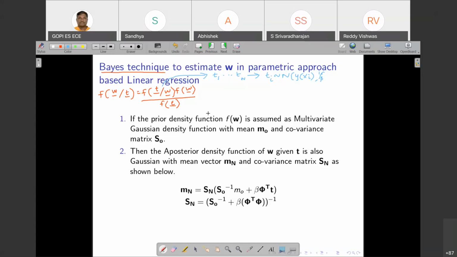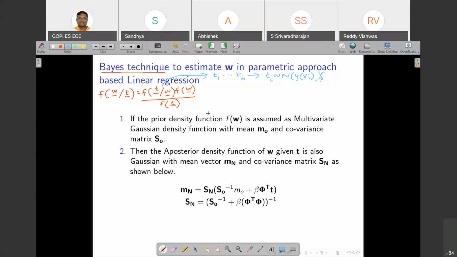If I find this covariance matrix for this T, it is a diagonal matrix, with beta arranged in the diagonal form, and all other elements are going to be 0, and the matrix is of size n cross n.